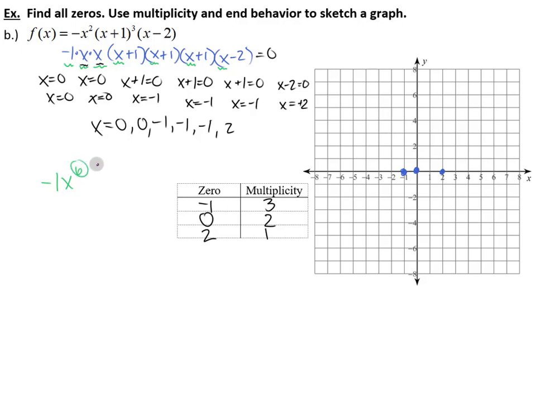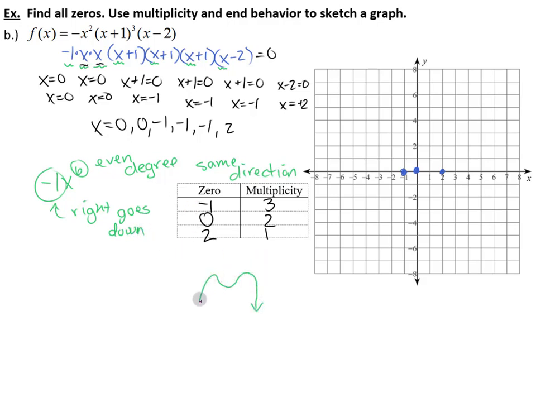So this is an even degree polynomial, which means the tail ends go the same direction. So they're either both going up or both going down, and we look to our leading coefficient, which says the right side goes down because it's negative. Okay, so if they go the same direction and the right side's going down, then the left side is also going down. Okay, because they go the same direction.